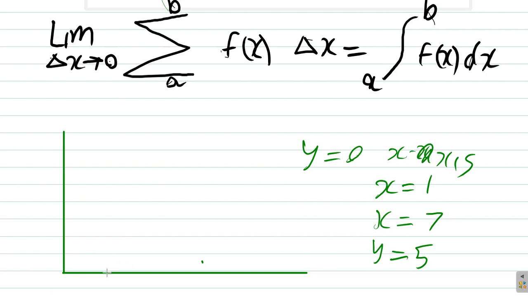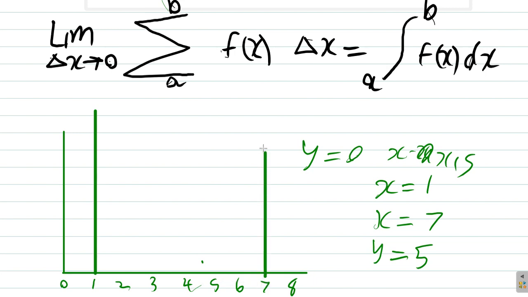x equals 1. Let's put some numbers on the graph first. You have 0, 1, 2, 3, 4, 5, 6, 7, 8, and so on. The lines are x equals 1, that's x equals 1, x equals 7, that's that line, y equals 5.